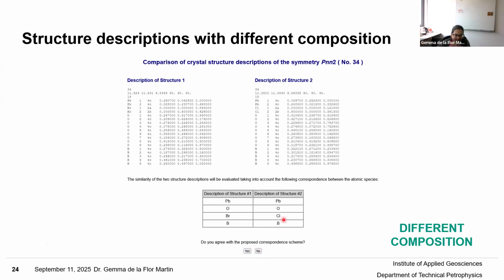So this is a very nice option, but I would suggest only using it if you know really what you are doing. If you are a beginner in comparing structures, I would suggest you follow the proposed correspondence scheme that is given by the program COMPSTRU.